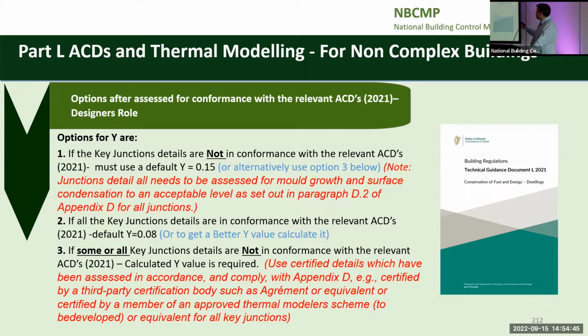So if you're getting something thermal modeled, you're into calculating your Y value. And the thermal modeler has to be on the NSAI approved scheme, and they will carry out the FRSI calculation as well as part of that modeling.